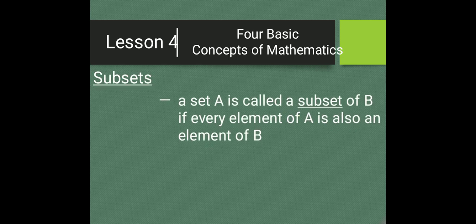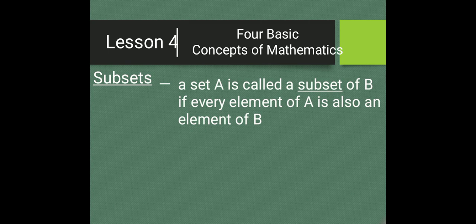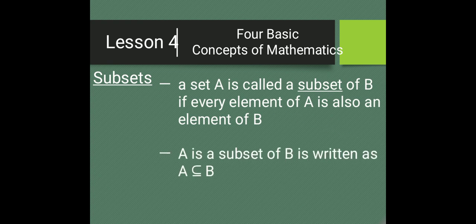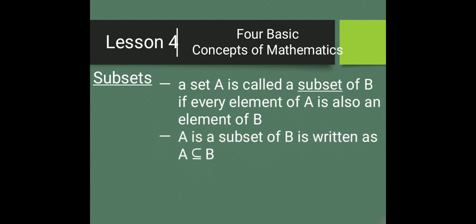Okay, we also have this one, subsets. Okay, what are subsets? A set A is called a subset of B if every element of A is also an element of B. So, okay, simple lang yan, class. Kapag lahat ng element na andyan sa set A ay andun rin sa set B, tawag doon si set A ay subset kay set B. Okay, and it is denoted by this symbol.